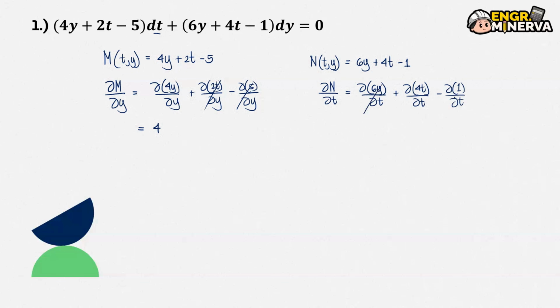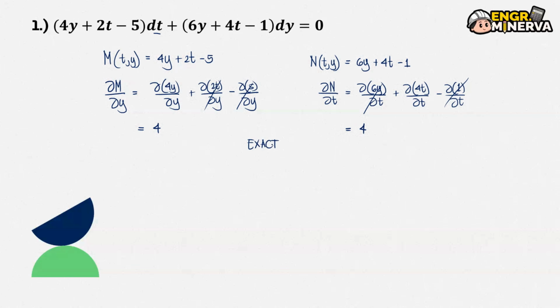Again, the other variable is treated as a constant. Our constant here is y. So your derivative would be equal to 4. They have the same partial derivative, so it means this differential equation is exact.